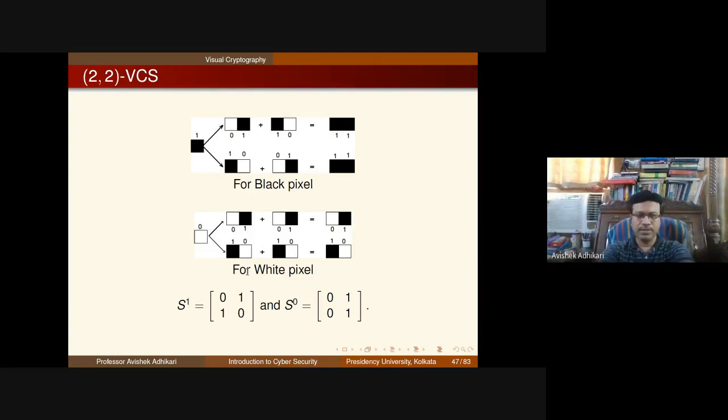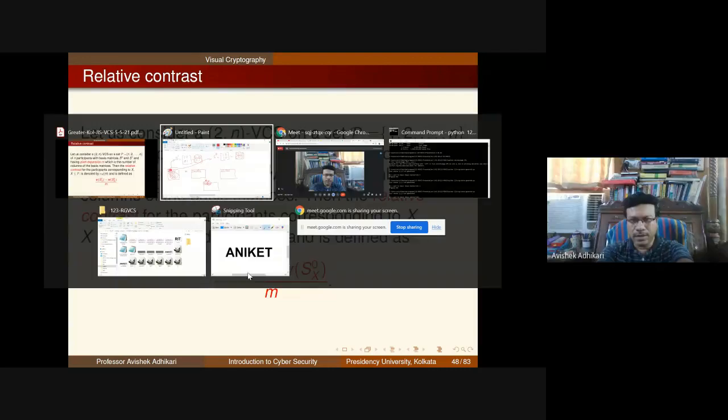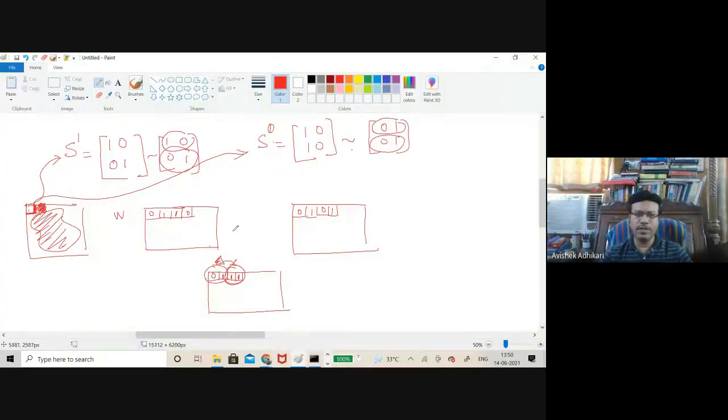Is it clear? Yes, sir. Sir, here only the width will be increased and the height will be the same, right? Yes, that's a good implementation issue. Suppose my original image was like this. If you just encode like this, then it will be twice here, because for each pixel you are giving twice.